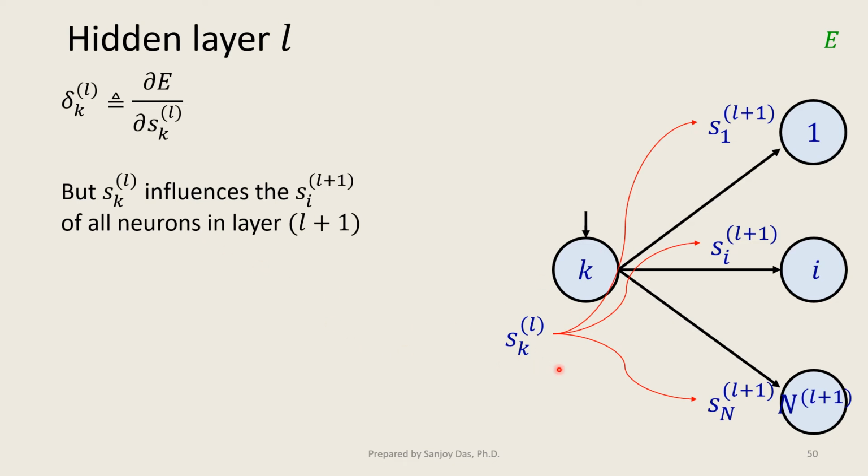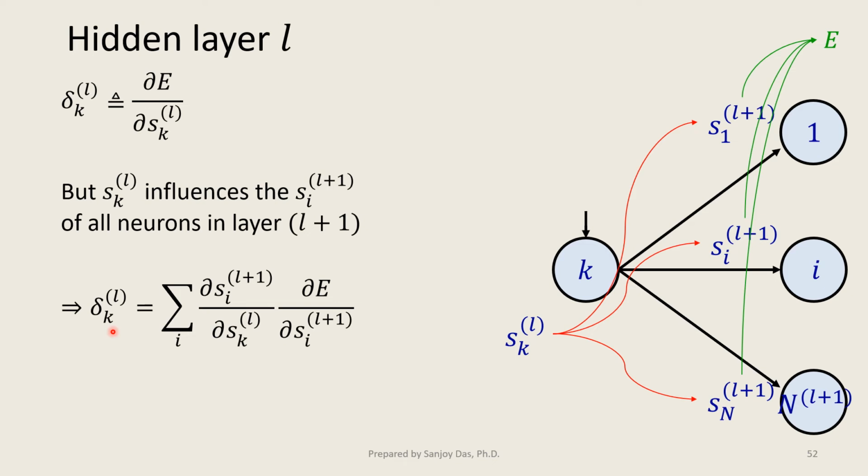Now, that's indirectly. When this s_k is changed or perturbed, it directly affects the nets of the neurons of the next layer. And it is the nets of the next layer neurons then that influence E.